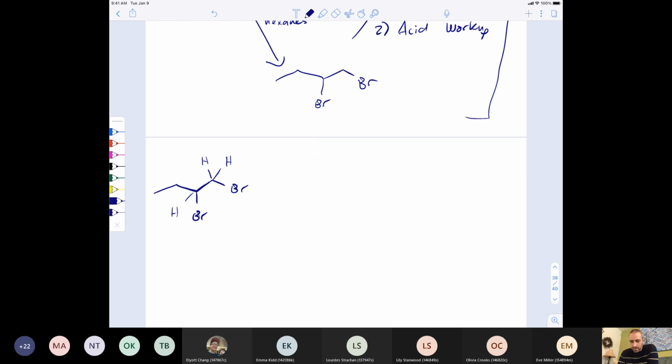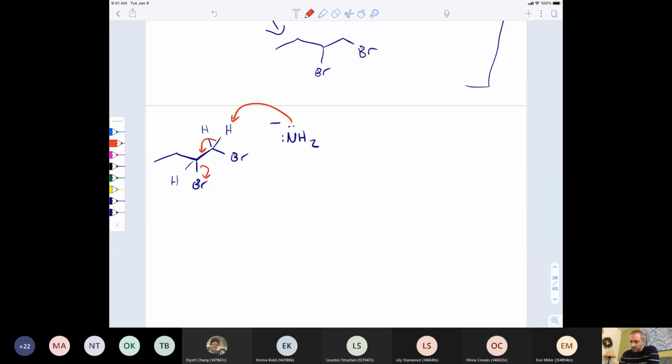It's a very, very strong base. You need a base that strong to do this. If you want to do an E2, yeah, it'll do an E2, but alkoxides are a little more mild, so that might be a better choice. NH2 is super strong, so it's going to do an E2 in this case. I honestly don't know which bromine gets knocked off first, whether it does this or eliminates the other way first. It doesn't really matter for us.